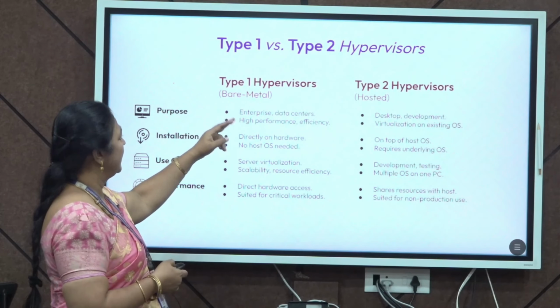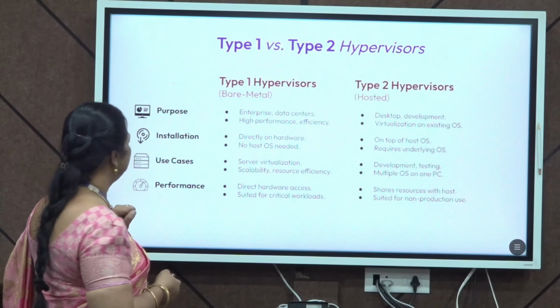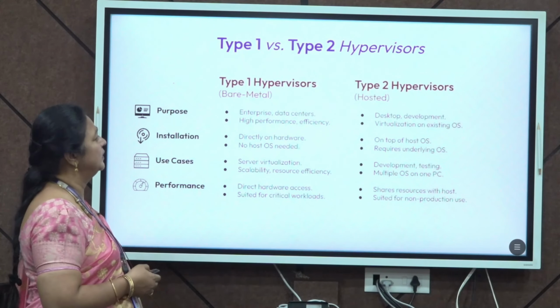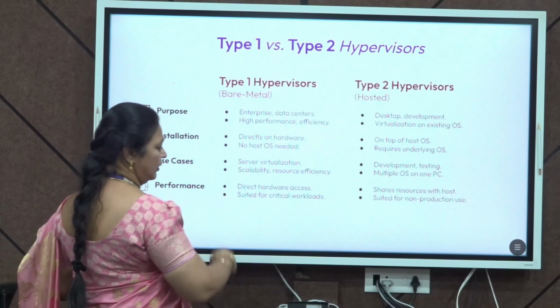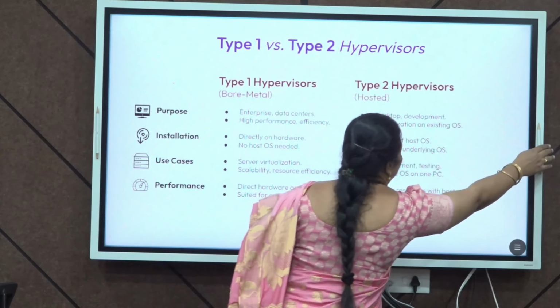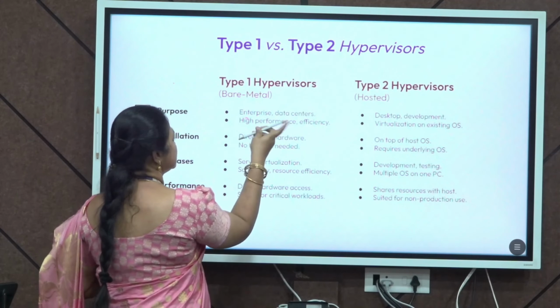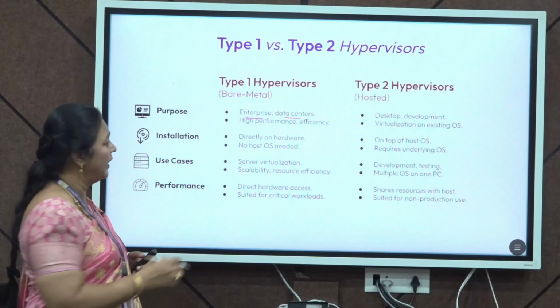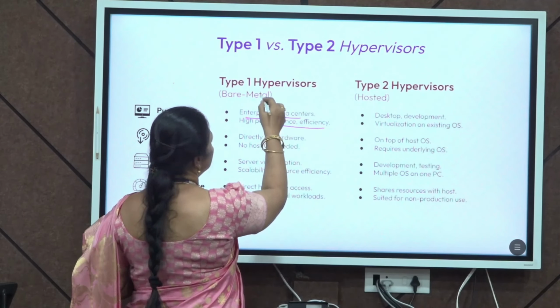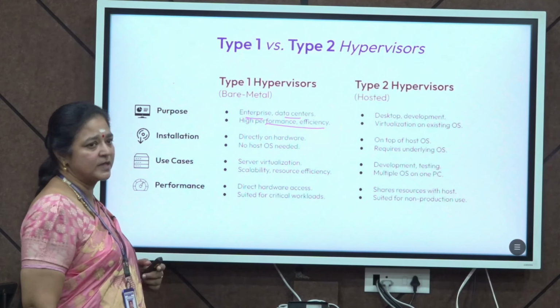The purpose of the type 1 hypervisor, the bare metal hypervisor, is to be utilized in a very big enterprise data center, and to have high performance and efficiency, this type 1 hypervisor can be used.